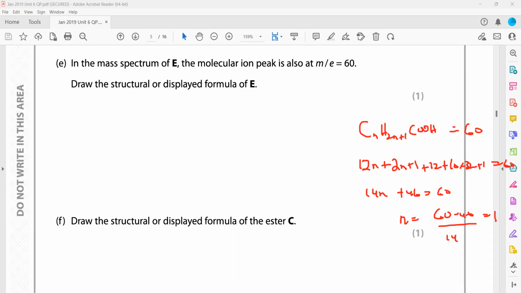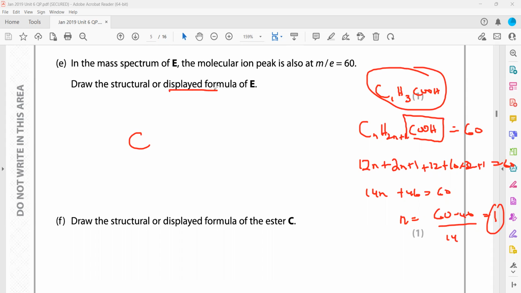If n is equal to 1, it is CH3COOH, so it is ethanoic acid. One carbon is already there from the formula, n is 1, and there is another carbon, C double bonded with O and OH, so it is ethanoic acid.